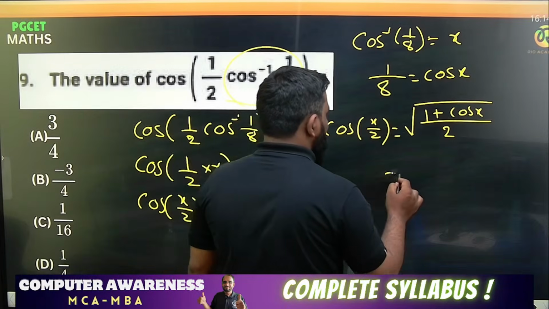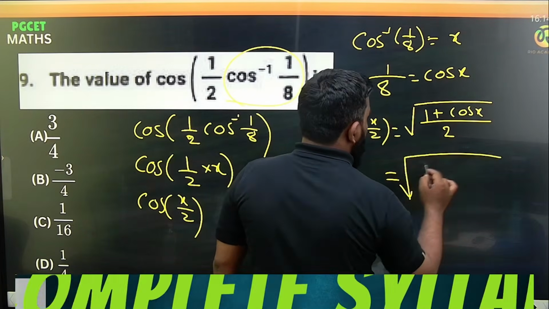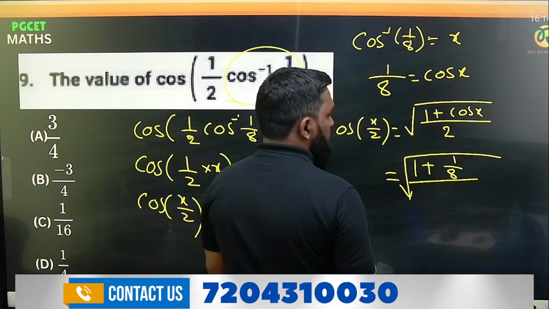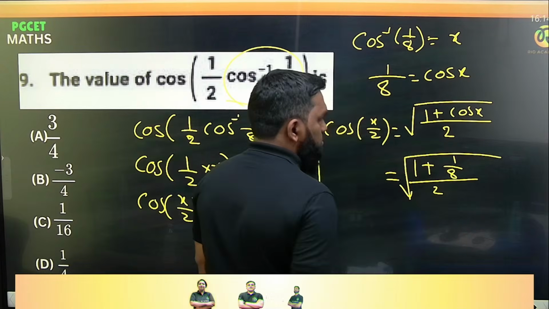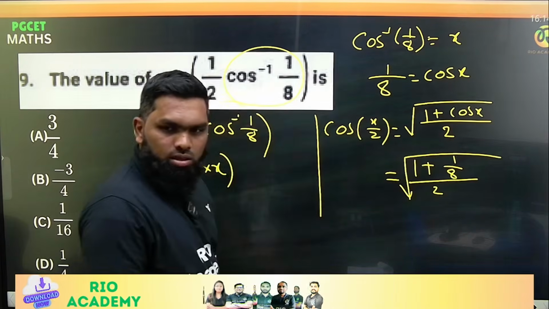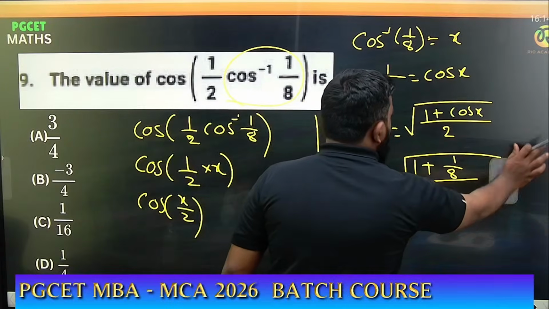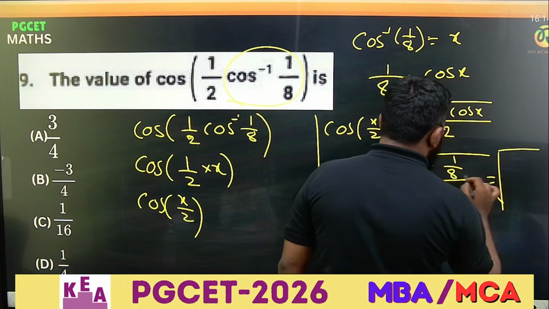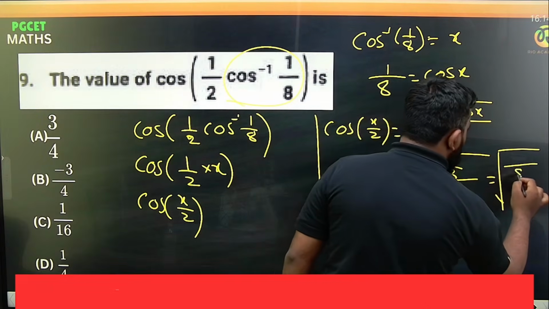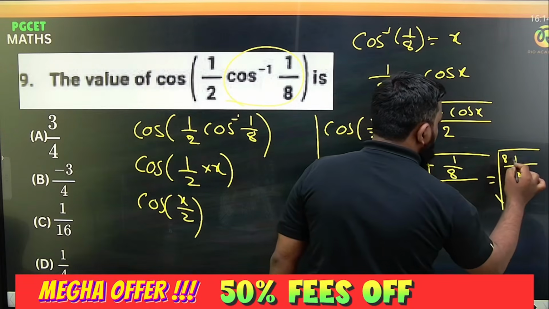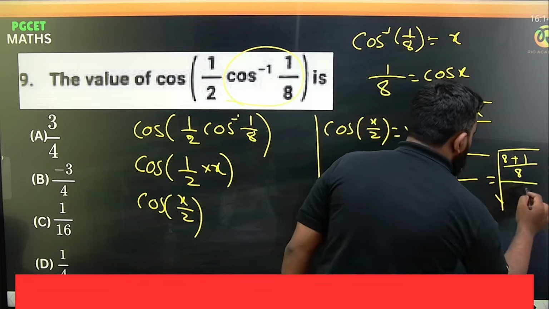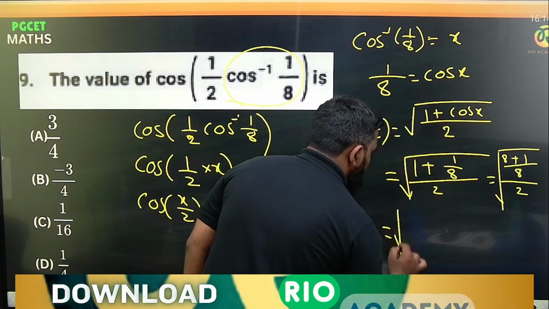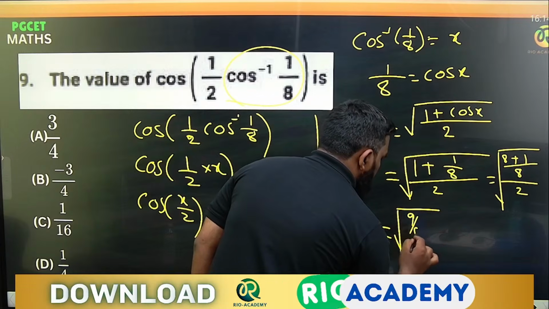Let's check. All simple. We get 1 plus 1 by 8. First solve the bracket: the LCM is 8, so 8 plus 1 is 9, giving 9 by 8, divided by 2.